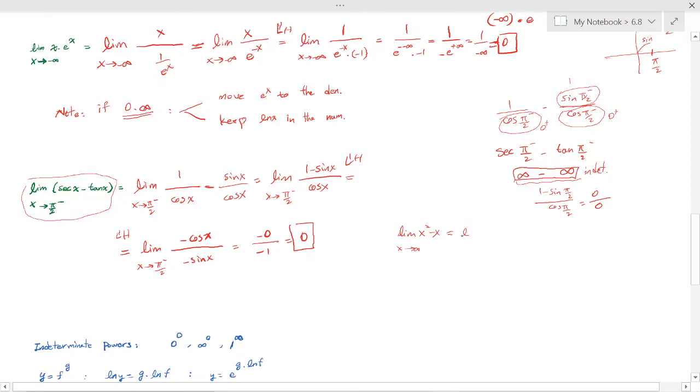What you can do is factor x, and you would have x times (x minus 1) as x approaches infinity. Now you can replace infinity and say this is infinity times infinity minus 1, which is still infinity. Therefore, the result is infinity. This is how you would deal with it: either you turn it into a product or you turn it into a fraction, and if required, you apply L'Hopital.